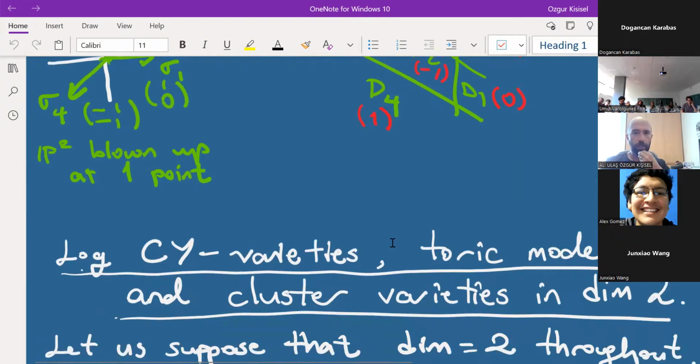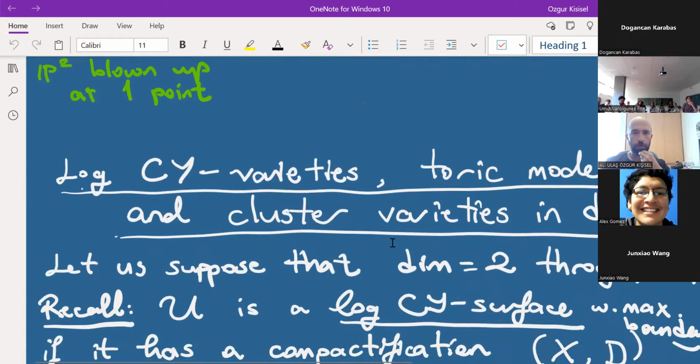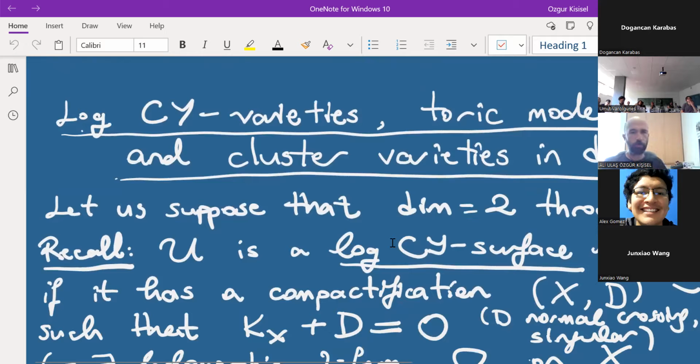Okay. Now, let's come back to log-Calabi-Yau varieties, toric models, and cluster varieties in dimension 2, which we saw are more or less the same thing in a sense. I'll just confine to dimension 2 throughout for simplicity. So suppose U is a log CY surface with maximal boundary.